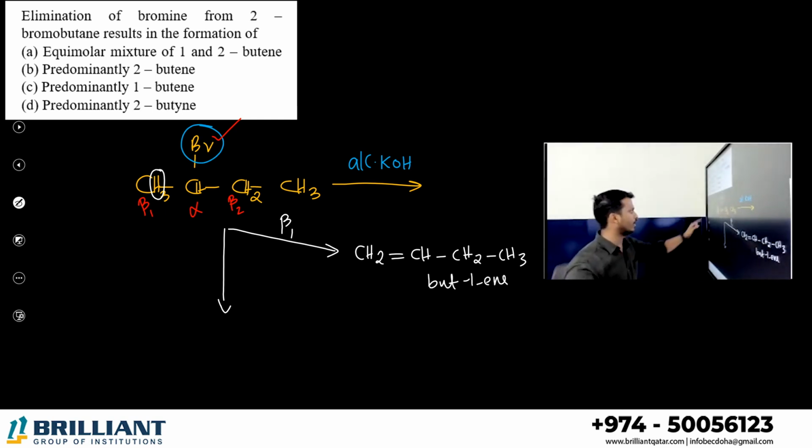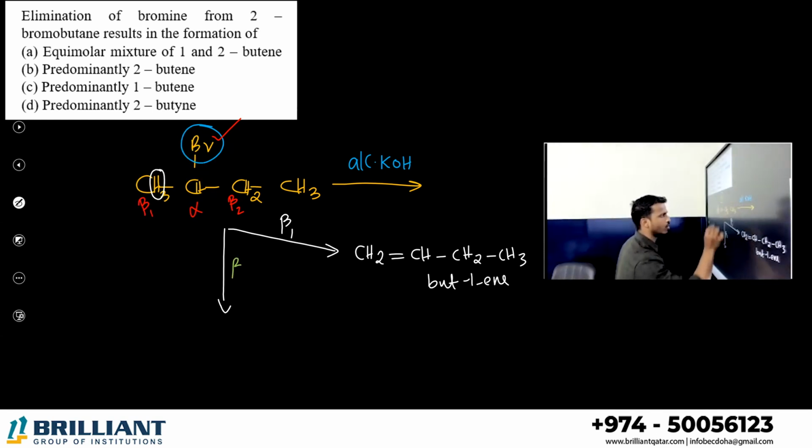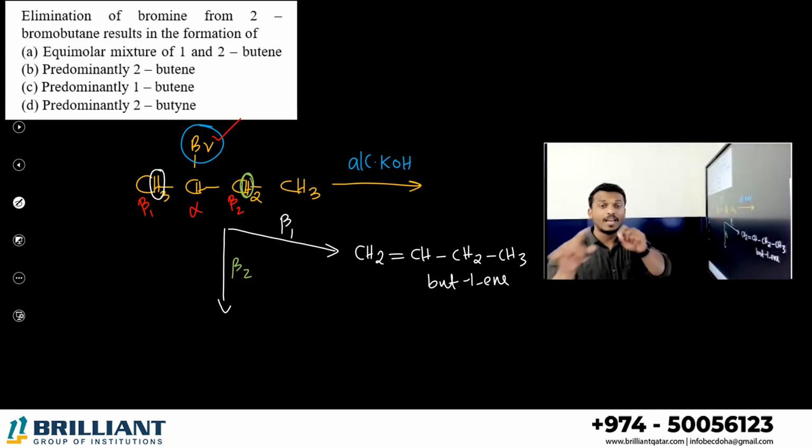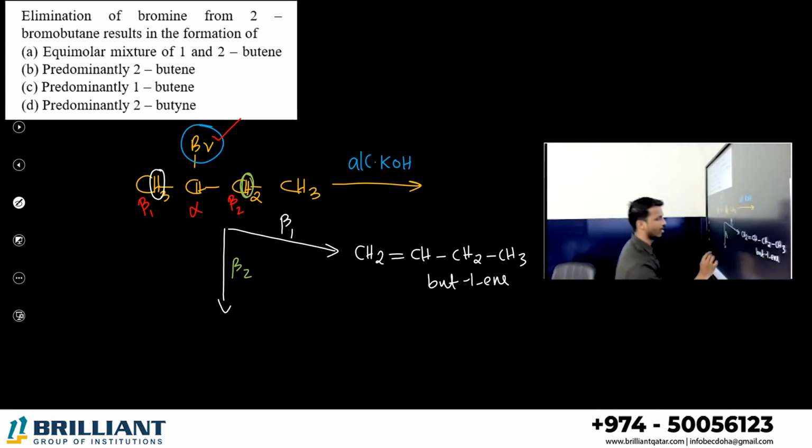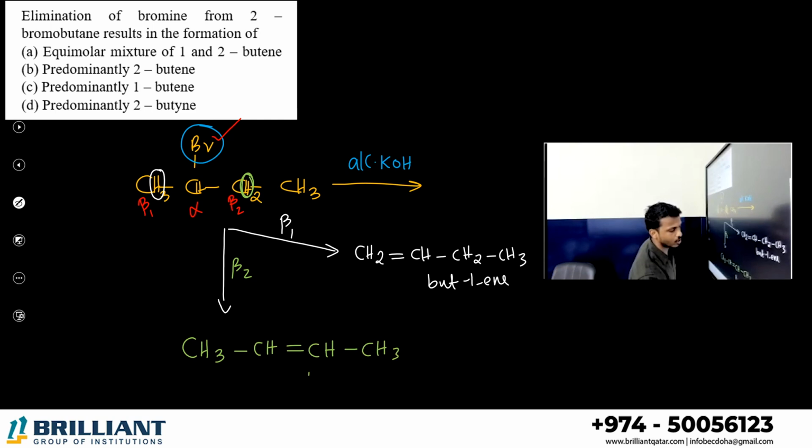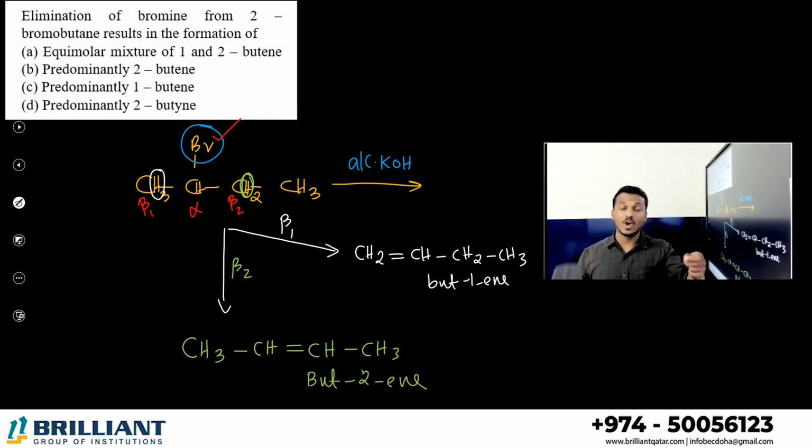If you are taking hydrogen from the right beta 2 carbon, you make the double bond between that alpha and beta, so you get CH3, CH double bond, CH, CH3. This is but-2-ene. Tell me, but-1-ene or but-2-ene, which is the most stable product?